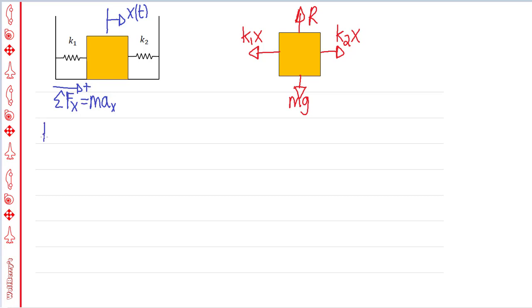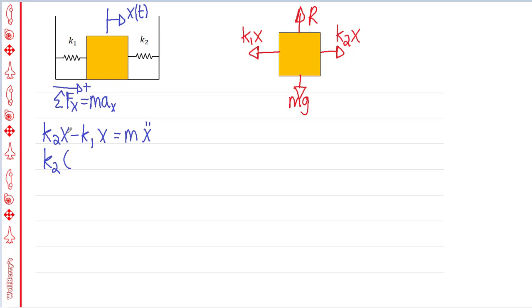So we're going to have k2x minus k1x equals mx double dot. Now we have to account for the extensions. The spring on the left will get shorter because it's getting compressed. So what we do is we say, okay, K2, open bracket, this x here, remember what we said about x, it's a variable.